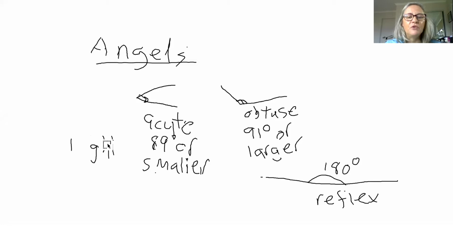I just have to clear the page a little bit so that we get a bit more room, because I tend to write and draw in a rather big way. I'll just get rid of this acute bit and then I'll get on to these other two angles and you'll see what I'm talking about.